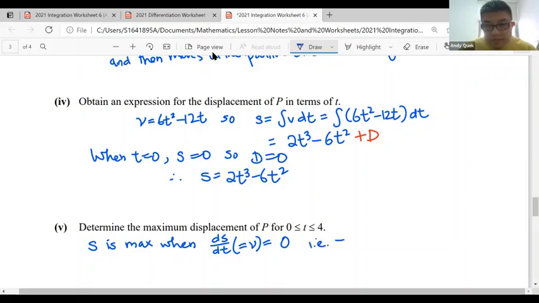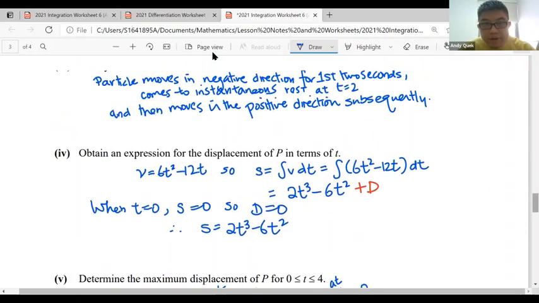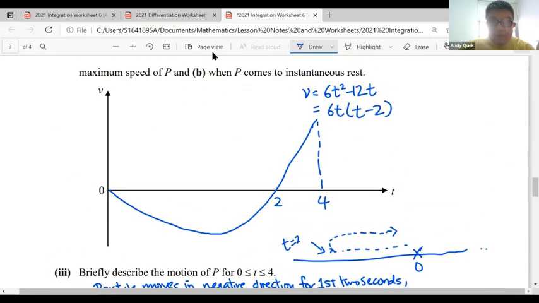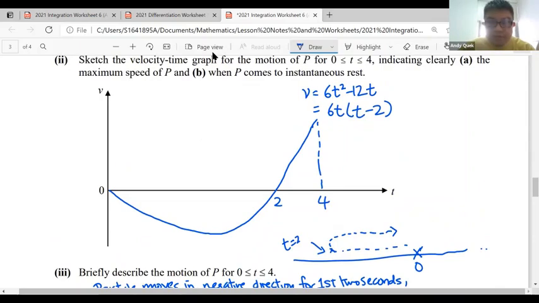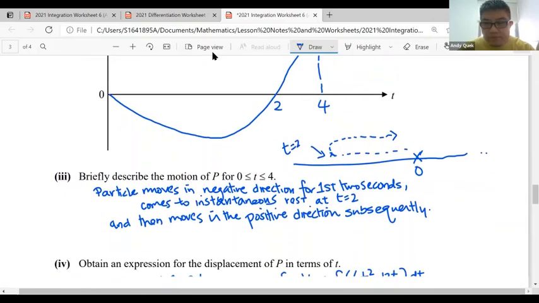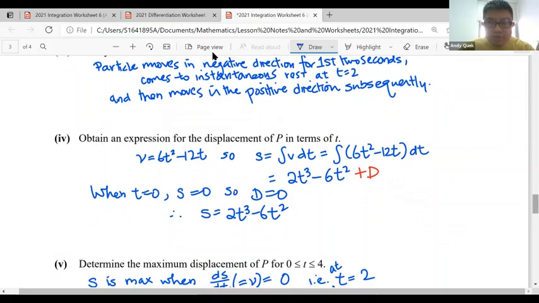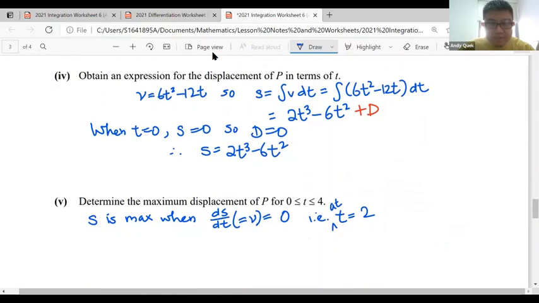And velocity is 0 when t equals 2. Okay, so go back to the graph. There you go. Velocity is 0 when t equals 2. It is also 0 when t is 0, but that's not a meaningful point to look at. So let's check when t equals 2, what do we have? When t equals 2, hopefully we are looking at maximum displacement.